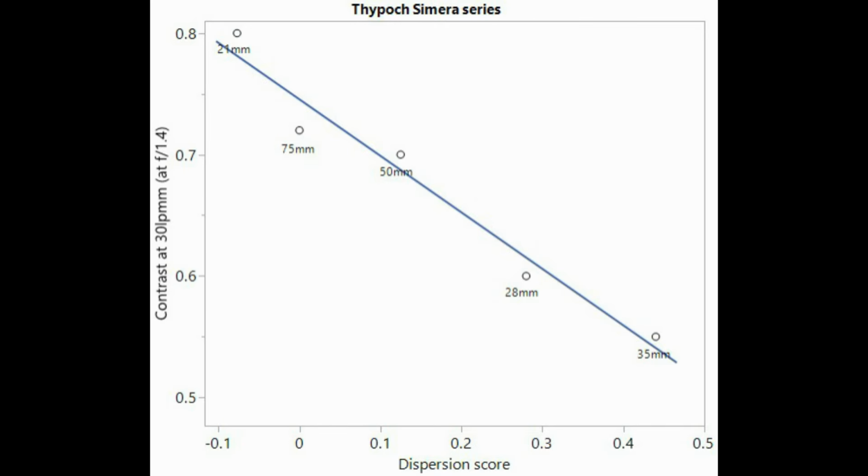Then the 50 millimeter and the 75 millimeter have a lower dispersion score again, which manifests itself in a higher contrast level at high frequencies. So those lenses are more clinical.